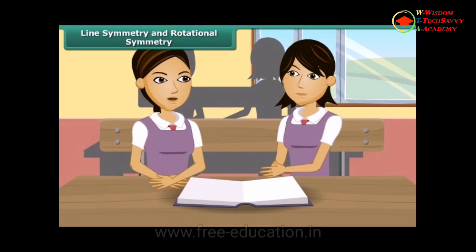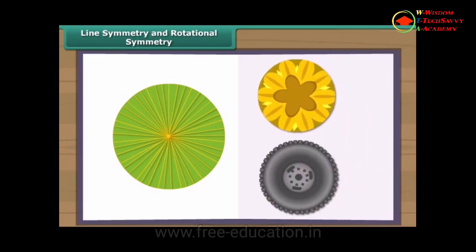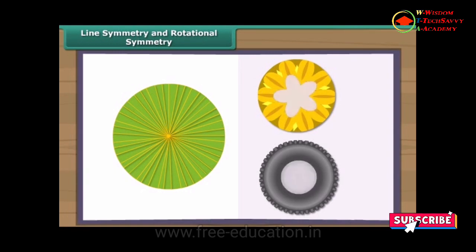Is it the circle? Yes, the circle is the most perfect symmetrical figure. It can be rotated around its center through any angle, and at the same time, it has unlimited number of lines of symmetry. Observe these circle patterns. Every line through the center forms a line of symmetry and has rotational symmetry around the center for every angle.